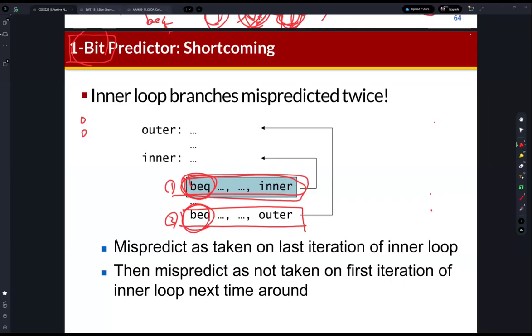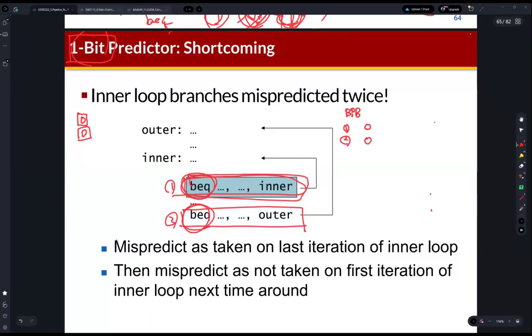Let us assume that the initial values are 0 and 0. So this is the BPB, with entries 1 and 2. The initial values for this branch predictor are all zeros.